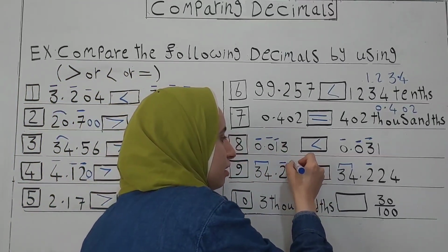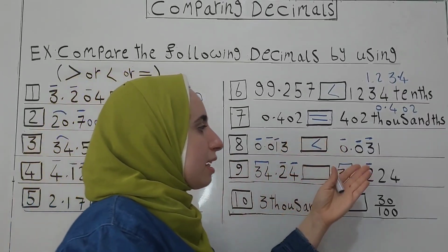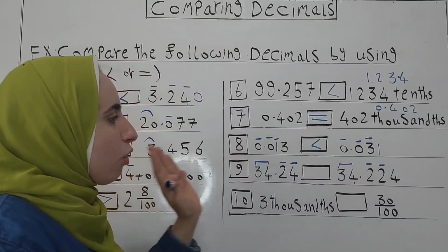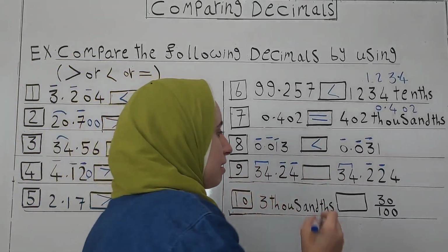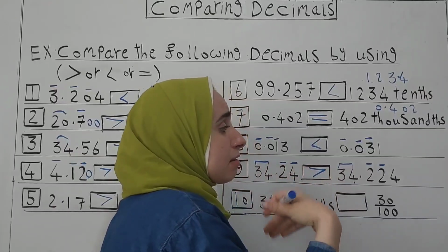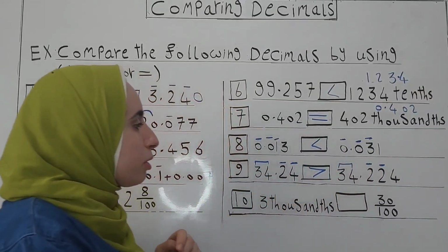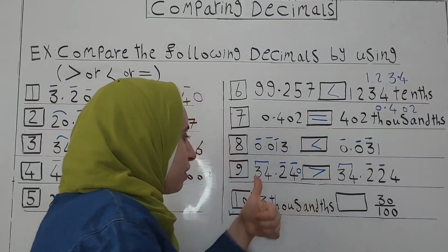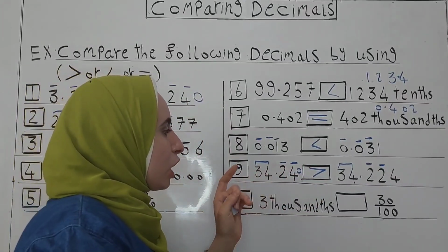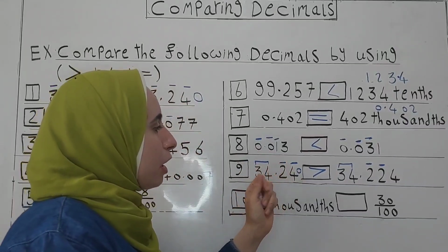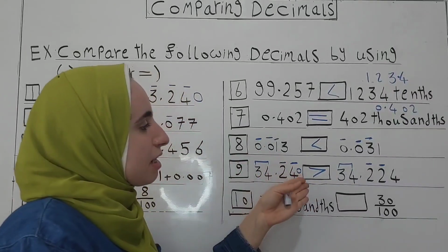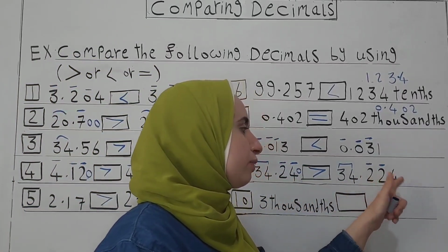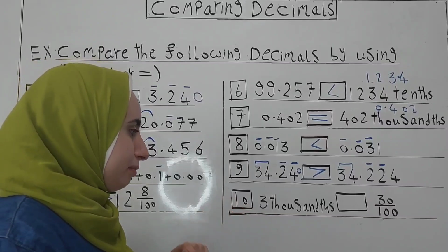The next digit is 4 and the next digit in the second number is 2. Which is greater, 4 or 2? 4 is greater. So the first number is greater than the second number, because when we hold the thousandth place in the first number with 0, we find the decimal part 240 is greater than the decimal part in the second number, 224.